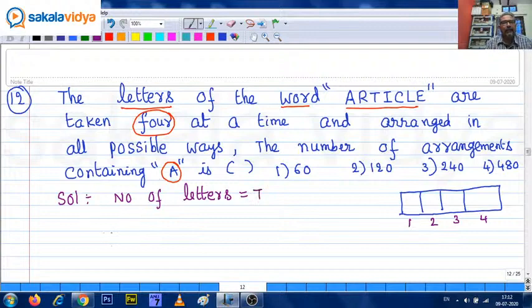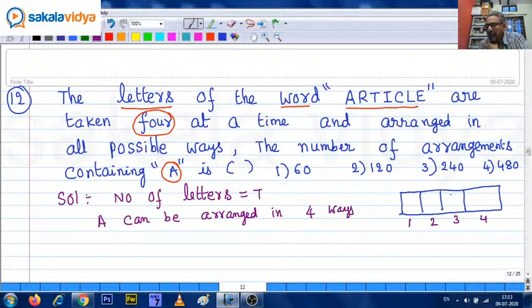First arrange the A. A can be arranged in 4 ways. After having arranged A, we are left with 3 places and 6 letters.